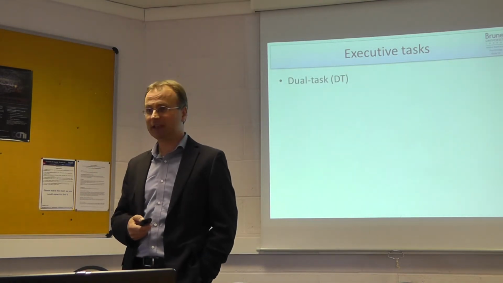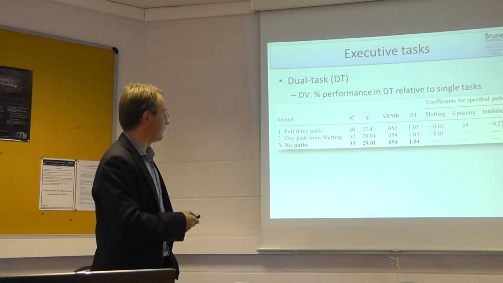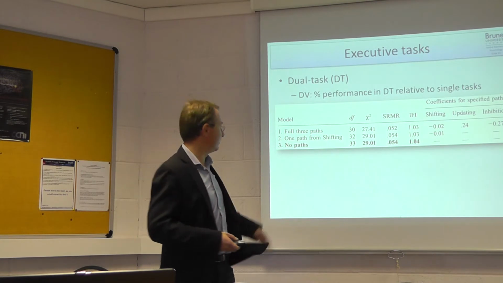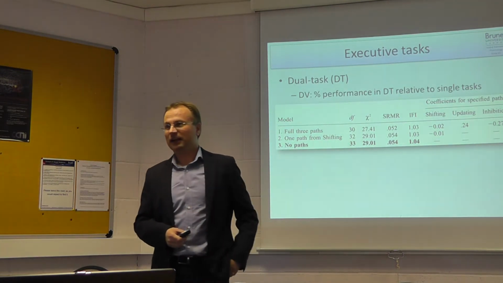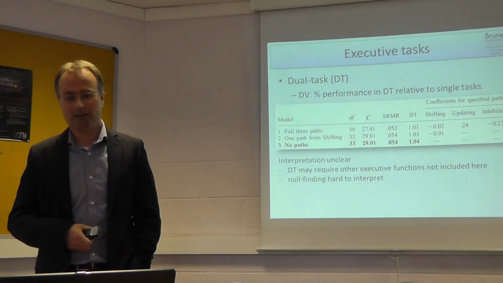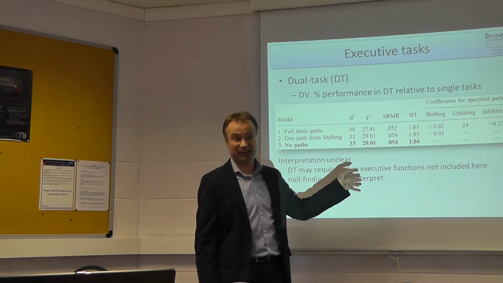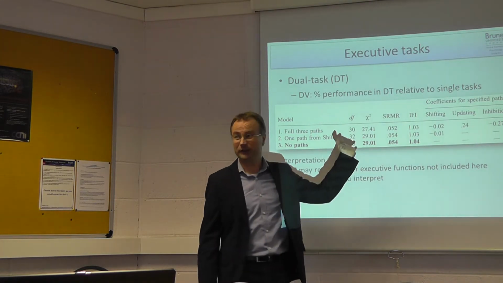And finally, the dual task, that was explained by nothing. So the best model was the no-path model, and they don't have a really good interpretation for that. They just say, well, dual task performance may require other executive functions, which are not included here.